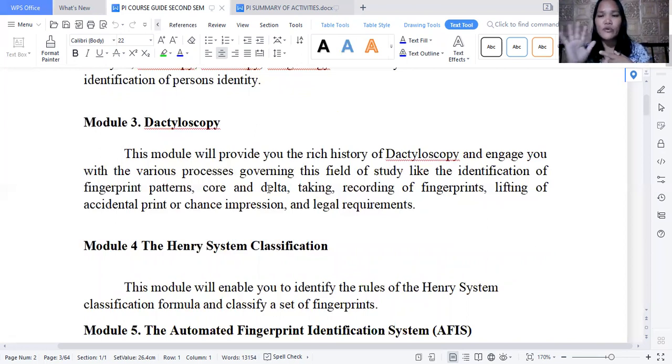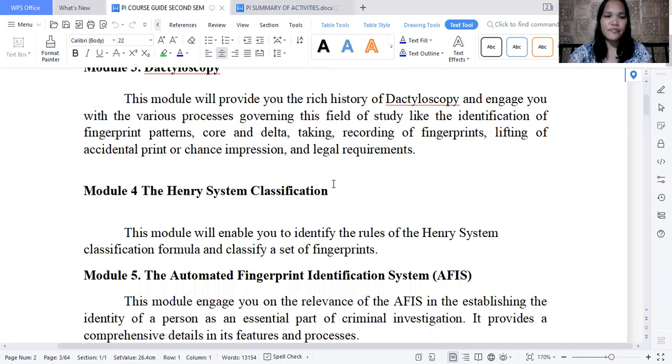There are several rules to consider here. You will also be recording fingerprints of a living person and a dead person, that is, post-mortem fingerprinting. Lifting of accidental print or chance impression and legal requirements will also be adhered to in this particular module.